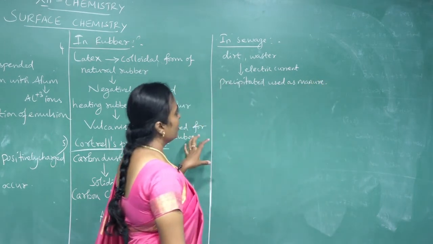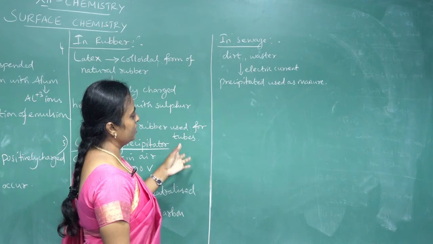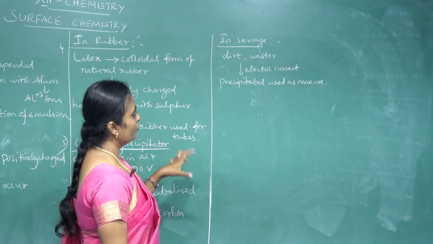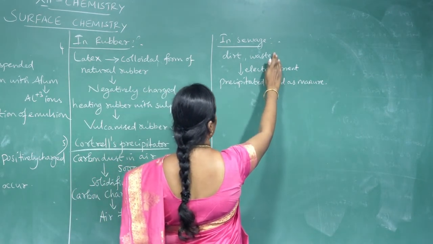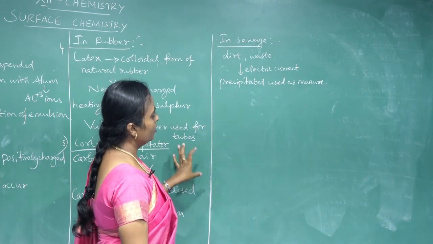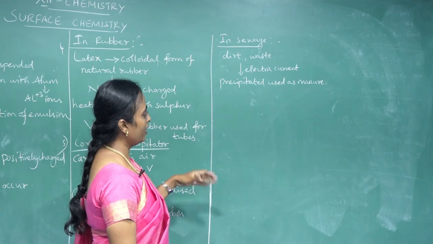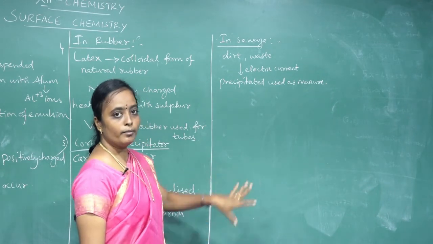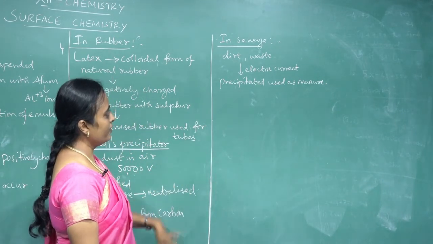So by passing the electric current to the sewage, the dirt and the waste present in the sewage are precipitated, and that will be used as manure. So this is the sewage process.